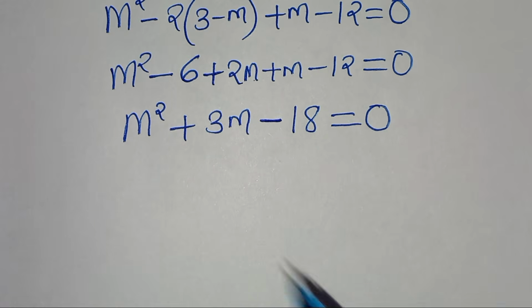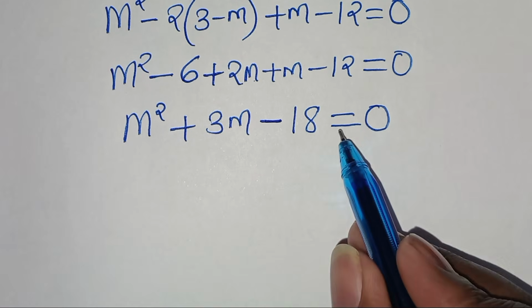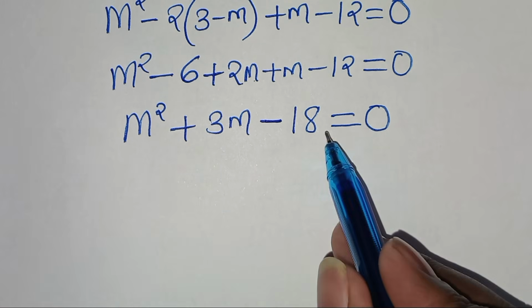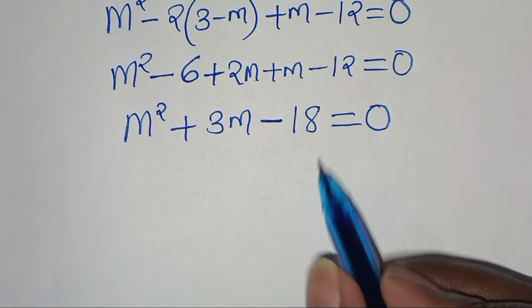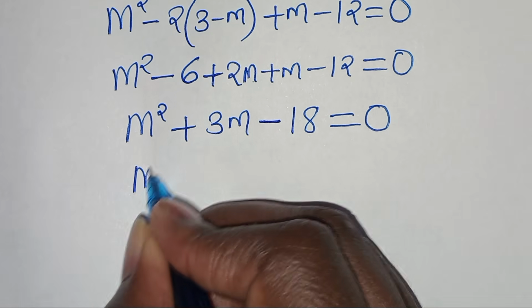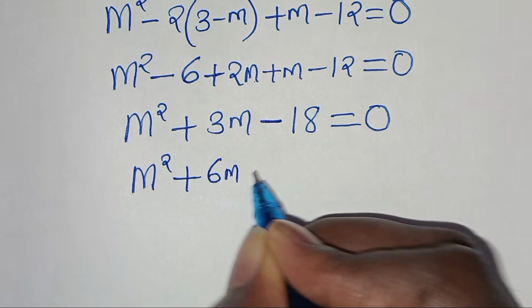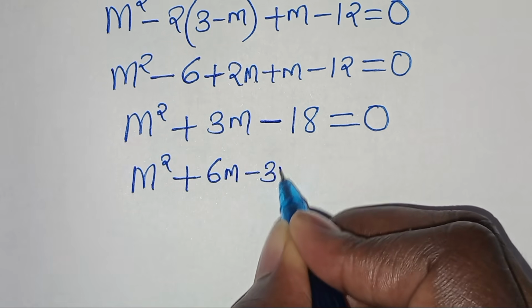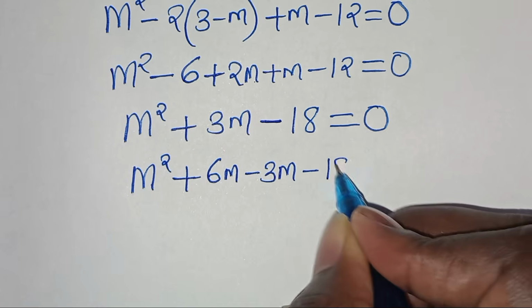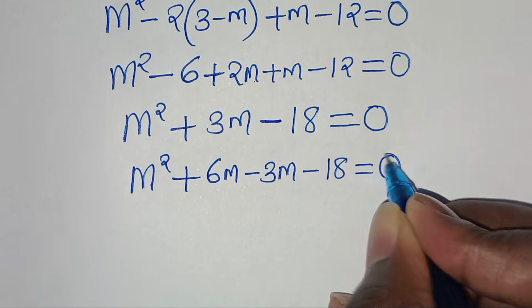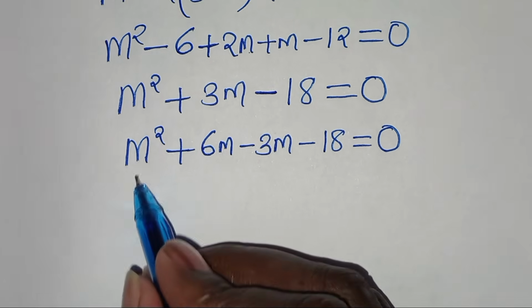Now, this is the quadratic equation here. We can solve this quadratic equation here by factorization method, where we have m squared plus 6m subtract 3m minus 18, this is equal to 0. So we have got two parts here.